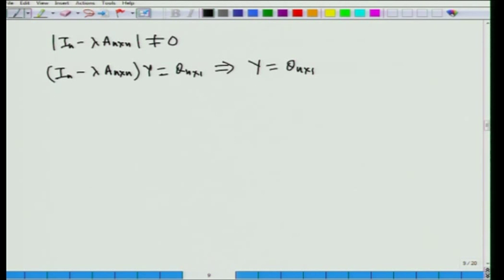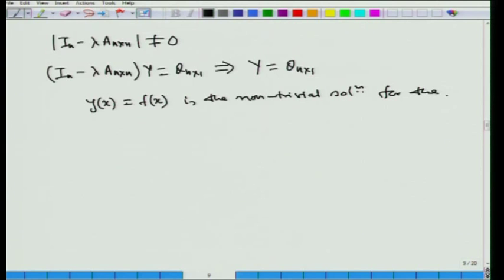But in this case, we will have a non-trivial solution given by y x equal to f x, for the equation y x equal to f x plus lambda integral a to b k of x comma s f s d s.